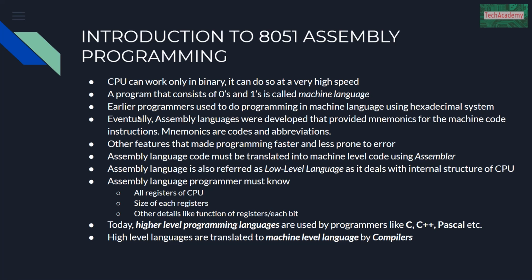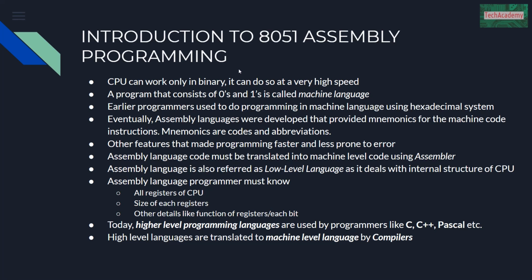The next point is how to do assembly language programming for 8051. As we have seen, examples like ADD and MOV are nothing but assembly language programming examples. But why use assembly language?